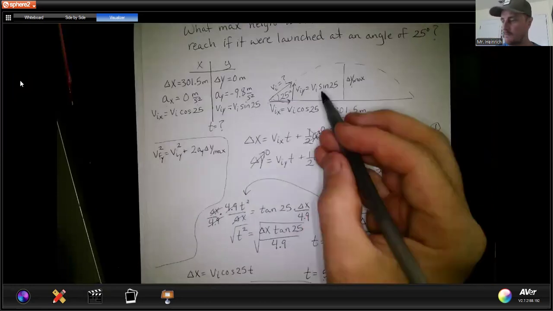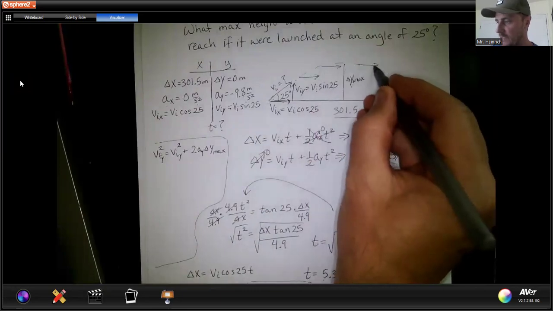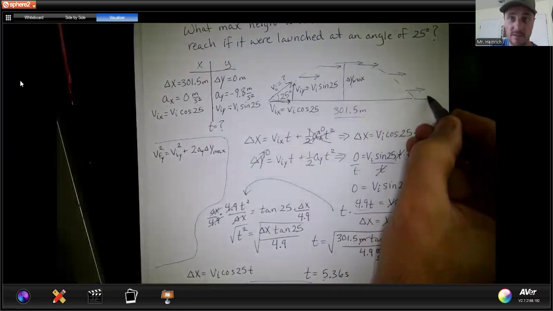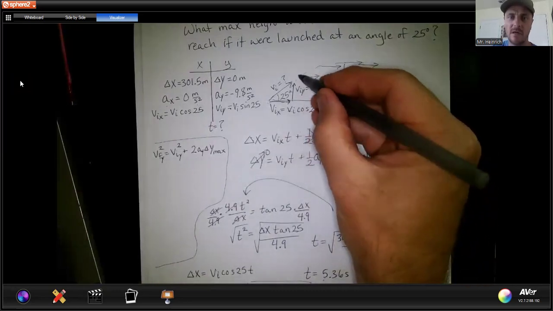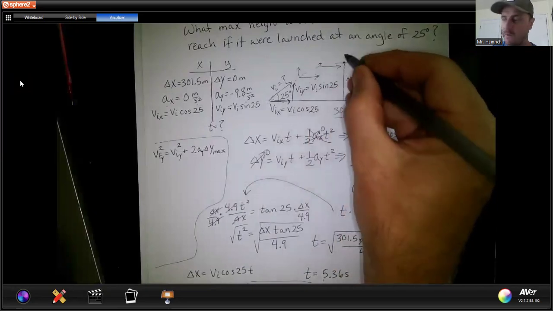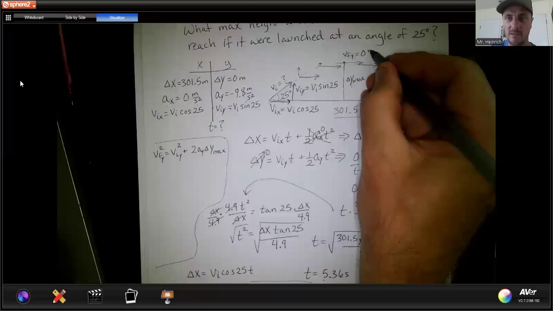So we know at the top, this x velocity never changes. It never stinking changes. It's always the same amount because there's no acceleration in the x. But we know the y velocity is constantly slowing down. And finally, at the very top, the final y velocity for a moment is 0 meters per second.